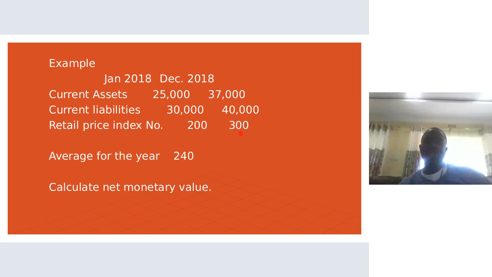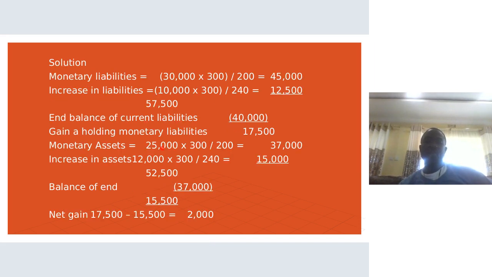In December, the conversion factor is 300. So we will multiply 25,000 by 300 divided by 200, that gives us 37,500.